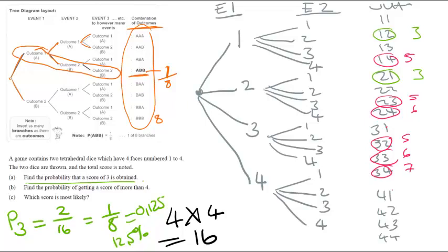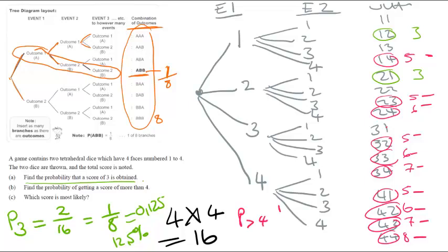And here 5, 6, 7, 8. So I've got 1, 2, 3, 4, 5, 6, 7, 8, 9, 10. The probability of getting an answer that is greater than 4 is 10 out of 16. So 10 out of 16 is going to be 5 out of 8.